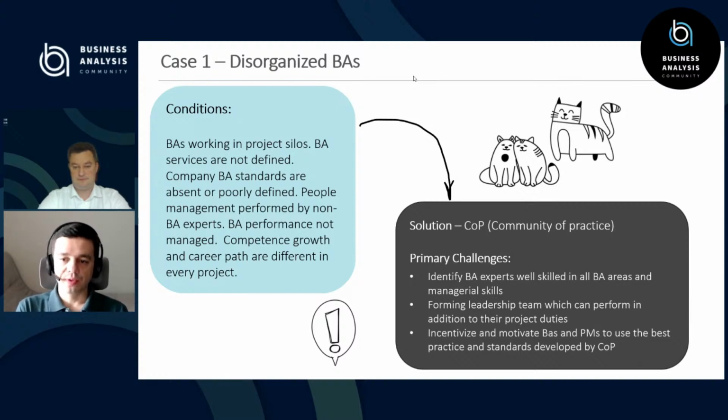You just have people, BAs in our case, who wish to grow, to exchange their knowledge and to build some of the basics in managing business analysis in the organization, but also proving the value of a business analyst on a project, inside the company, but also for all of the clients.